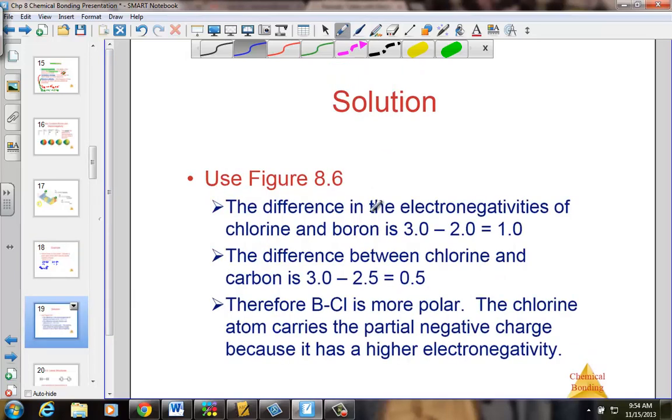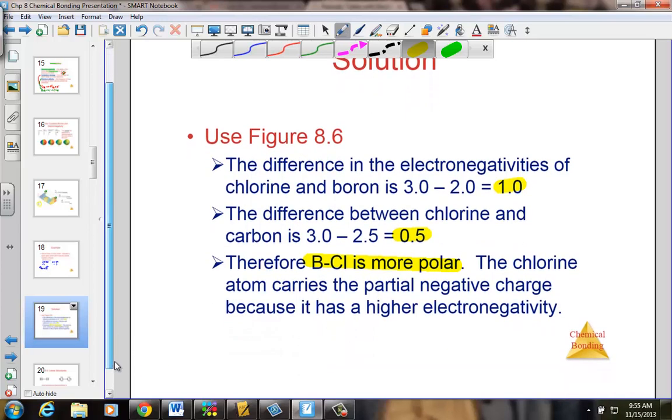The difference in the electronegativities of chlorine and boron we decided was 1.0. When we solved for the difference between chlorine and carbon, it was 0.5. Therefore, our boron-chlorine bond was more polar, a greater electronegativity difference. We decided the chlorine carried the more partial negative charge because it had the higher electronegativity value.